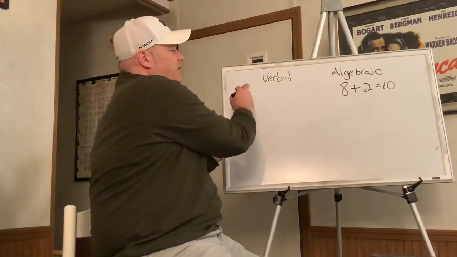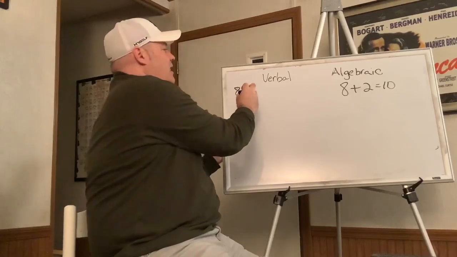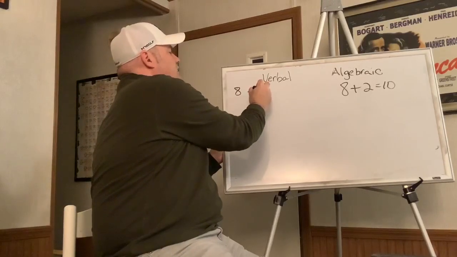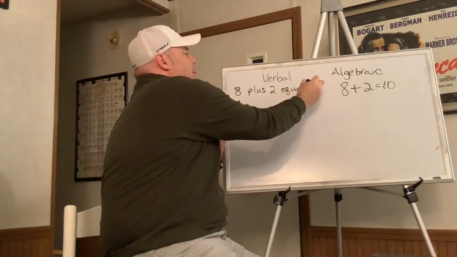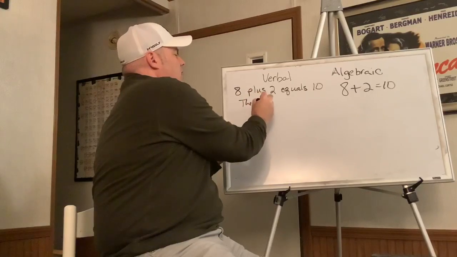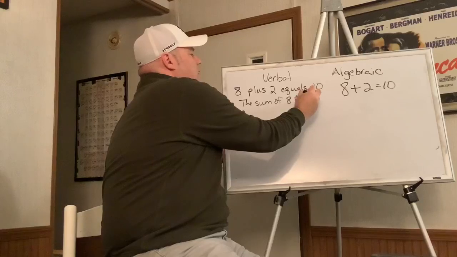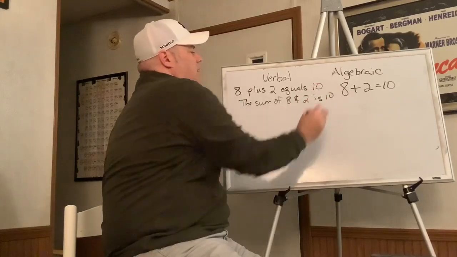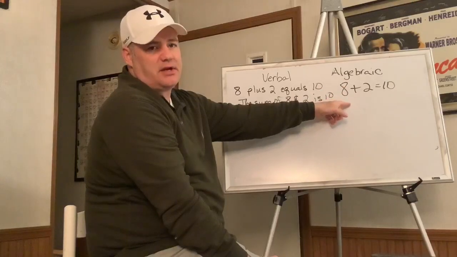So how I could verbally say this is, and I'm actually still going to use numbers instead of spelling out 8, but 8 plus 2 equals 10. Okay? Or I could have said the sum of 8 and 2 is 10. Okay, so that's verbal ways to say an algebraic expression.